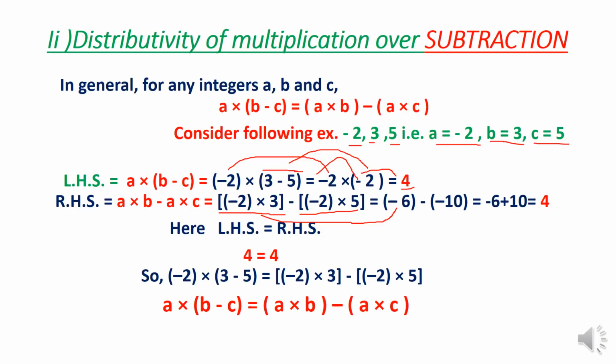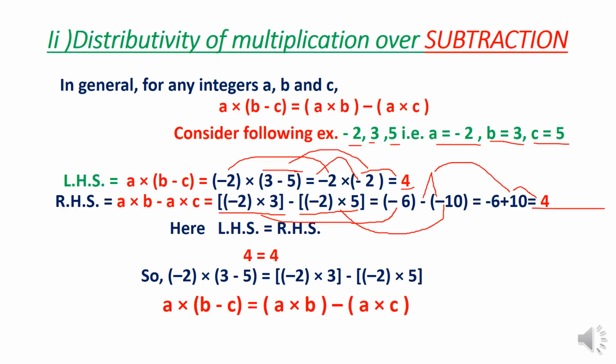Similarly, the product of minus 2 and 5 will become minus 10. Now here the outside sign is minus, inside is minus, so this will become plus. So minus 6 plus 10 will become plus 4. So in both cases you can see the result is the same, that is 4. That's why LHS is equal to RHS, 4 equals 4.